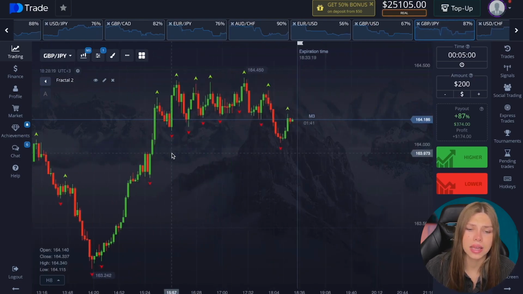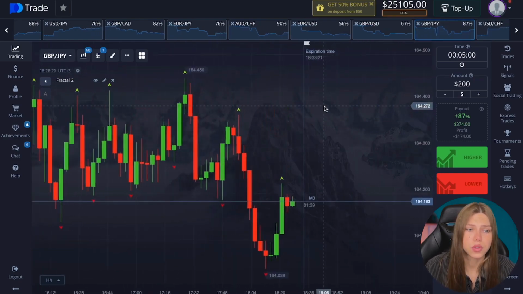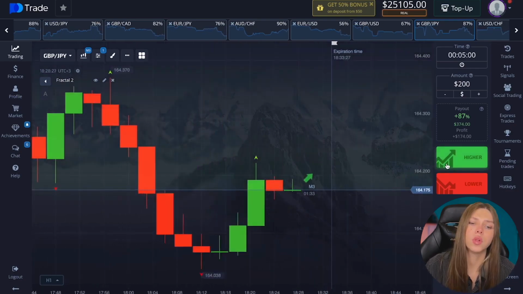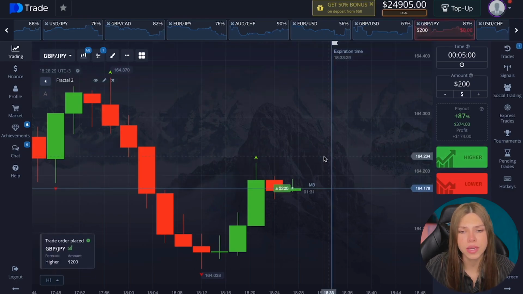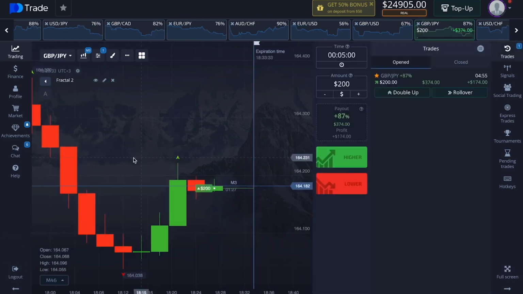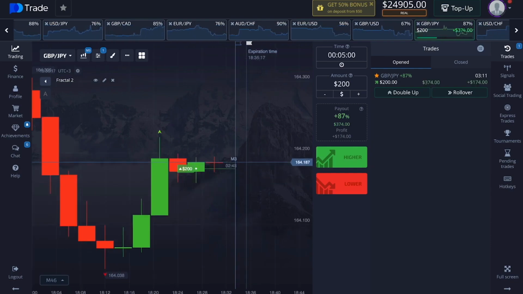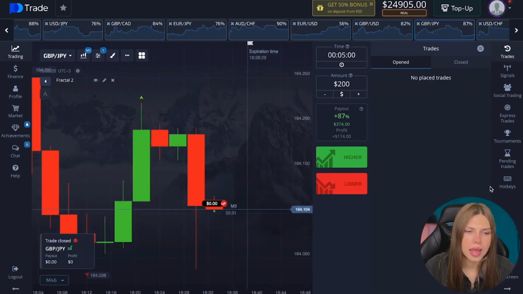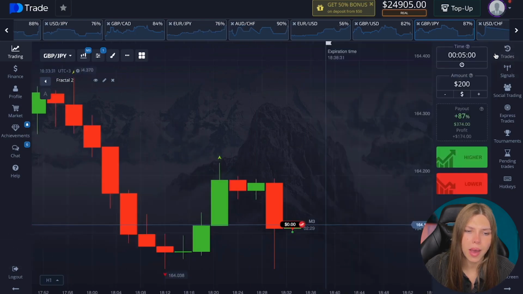Here we are told to put on an increase, so we will do as the indicator shows us. We will put on an increase for 5 minutes. The deal is open, so let's look. Like this, we have a minus again.